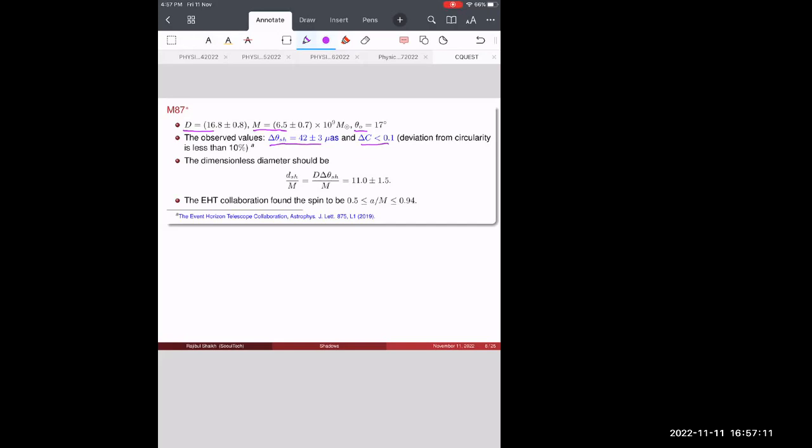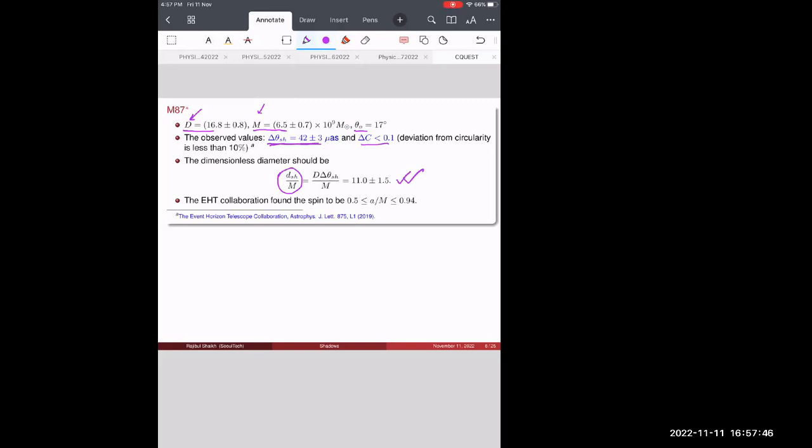If we use this angular diameter, the distance d and the mass m, we can find the dimensionless diameter of the shadow as observed by the EHT group, which is 11 plus minus 1.5. This should be the observed value of the dimensionless diameter of the shadow.